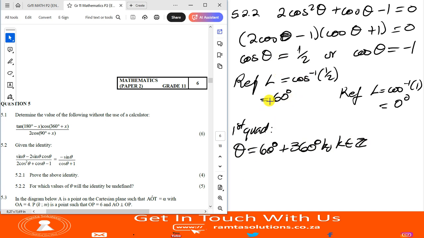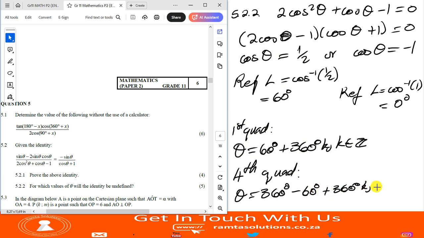Now, for this one again, where is it positive? Cosine is positive as well in the fourth quadrant. So in the fourth quadrant, we deal with 360 minus. So it will be 360 degrees minus 60 degrees plus 360 degrees k, where k is an element of an integer, isn't it?